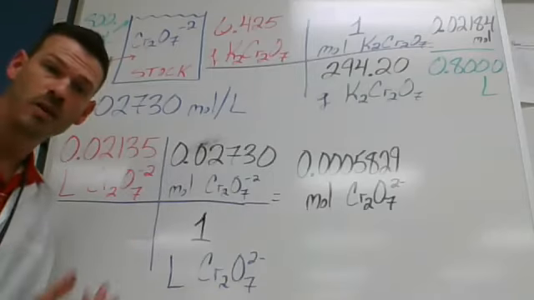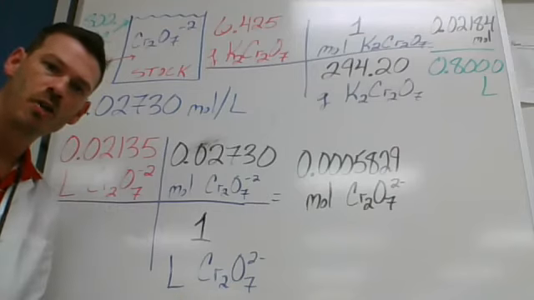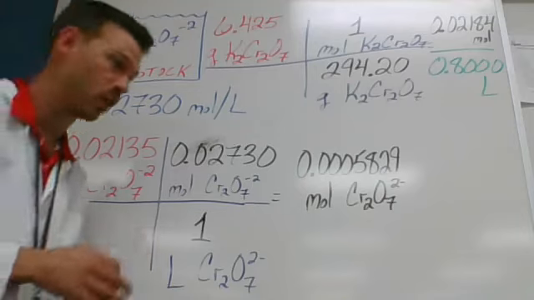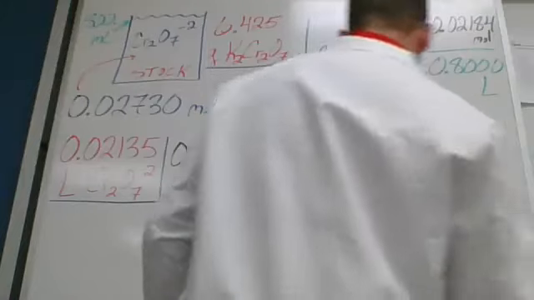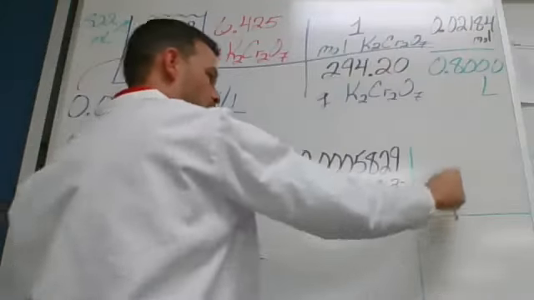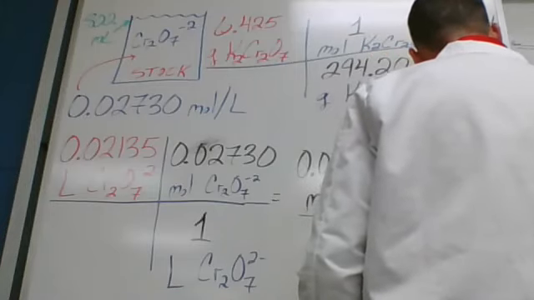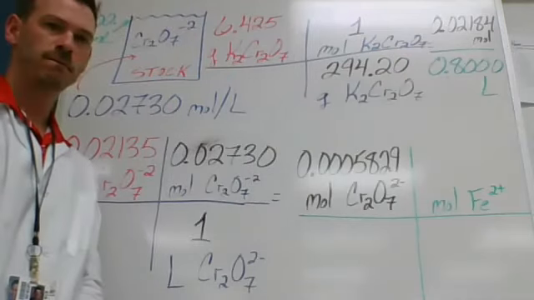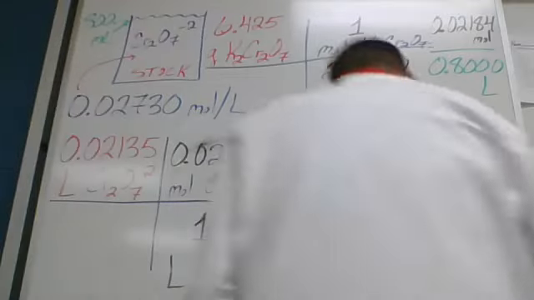Step 2 of our titration, moles of known to moles of unknown. As we looked a moment ago, we're analyzing iron 2, if you look at the question. So we want to go from moles to moles. Make the diagonal match.